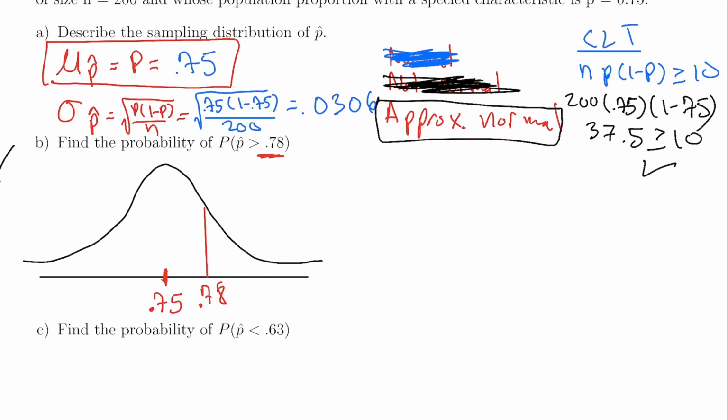And if you look, the symbol is greater than. Greater than means we want it to be bigger than 0.78, so we want the probability to the right. All right, so far, is everybody good with this drawing?